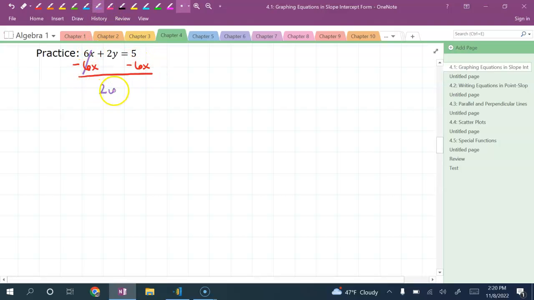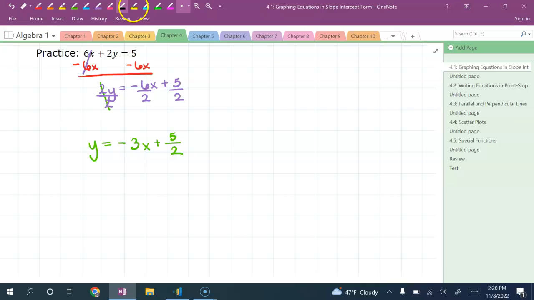So we have 2y equals -6x plus 5. Then we're going to divide by 2. So this should say y equals -6 divided by 2 would be -3x, and then plus 5 over 2.